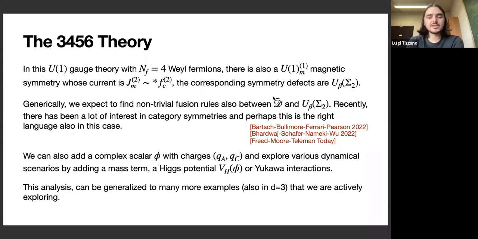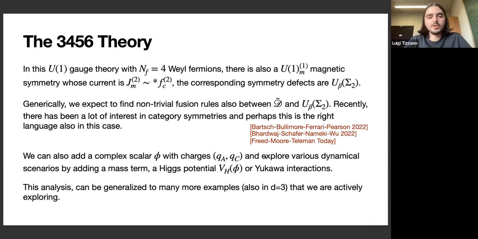But the interesting thing about this model is that it's extremely simple. And once you find this new symmetry structure, you can ask also other types of questions related to, for example, where does this theory flow to, and how do I match this symmetry along various RG flows? For example, you could add a complex scalar to this QED theory with some charges QA and QC.